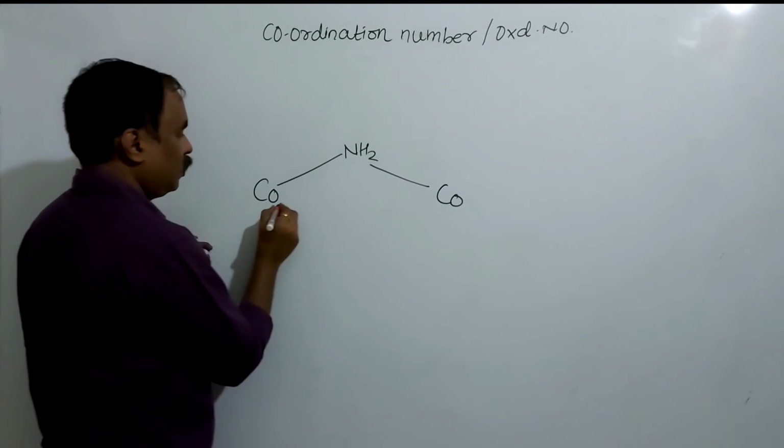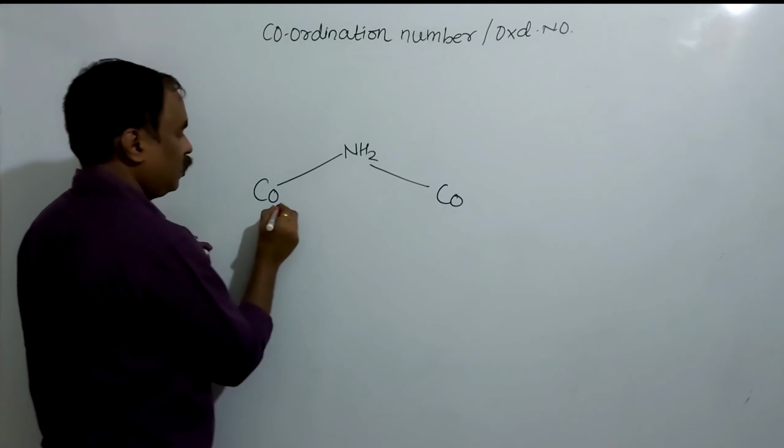Here it is the bracket, and SO4 twice. This is the polynuclear complex.